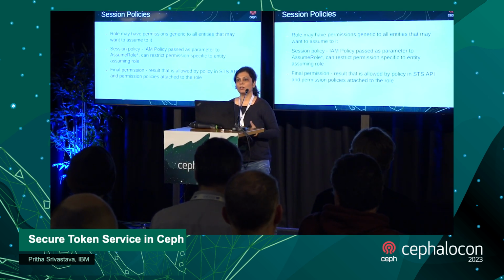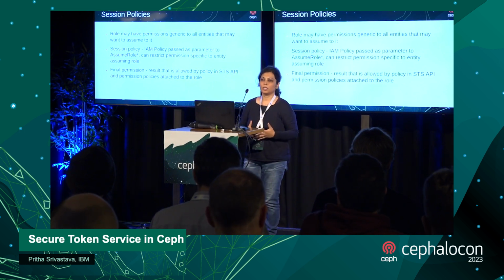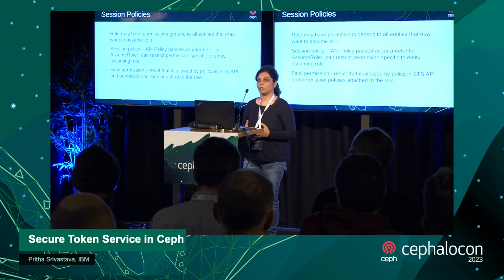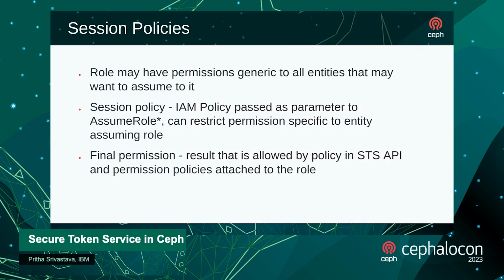So there's another kind of IAM policy which comes into play here. They are known as session policies. Session policies can be passed as input to the assume role APIs. If we go by the principle of least privilege, then we need to define a permission policy for a role which allows the least permission to its users that want to assume it.